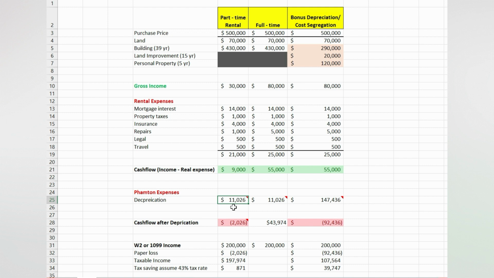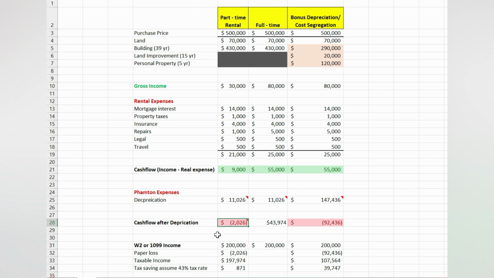So in this case, when you take into account depreciation, you're actually reporting a paper loss of a little bit over $2,000. Now, this may not be in actuality a true loss. Your property could be increasing in value, but because of depreciation, you are able to legally report to the IRS that you have had a paper loss on your passive income.